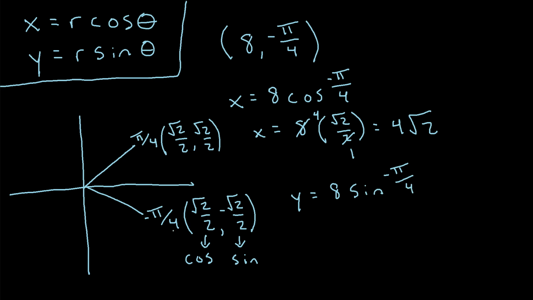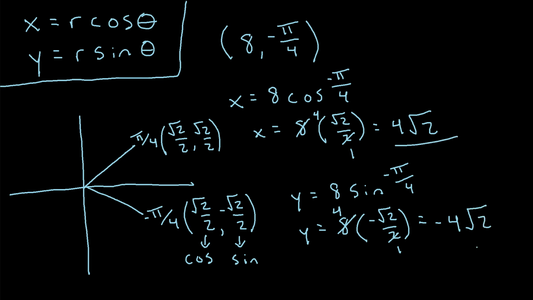And we just said that the sine of negative pi over 4 is negative root 2 over 2. So y is equal to 8 times negative root 2 over 2. And when we multiply these values, the 8 can be reduced to a 4, and the 2 can be reduced to a 1. So we get 4 times negative root 2. So we'll write negative 4 root 2.